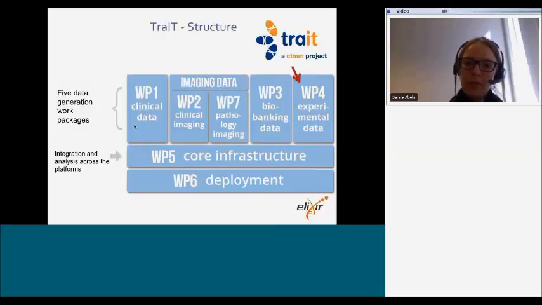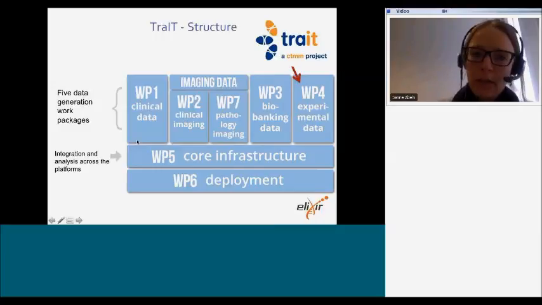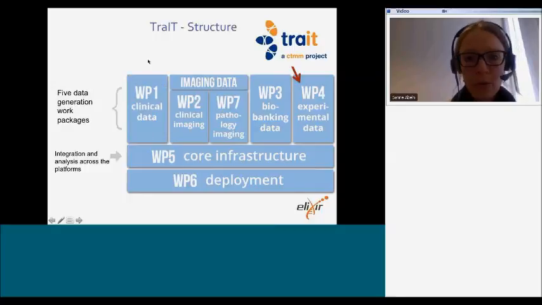Okay, so if you look at the structure of TraIT, you see the earlier types of data you could collect for a specific patient. There are work packages on the different types of data: clinical data, these are measurement data, for example your temperature, or for example patient survival; clinical imaging and pathology imaging, so 2 different types of imaging; biobanking, so where and how the samples are stored; and experimental data.